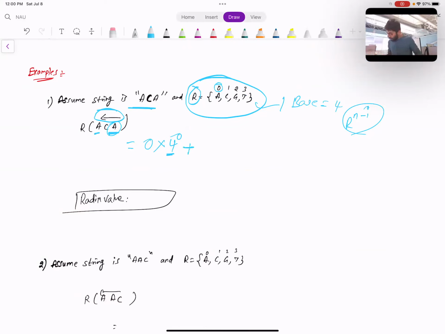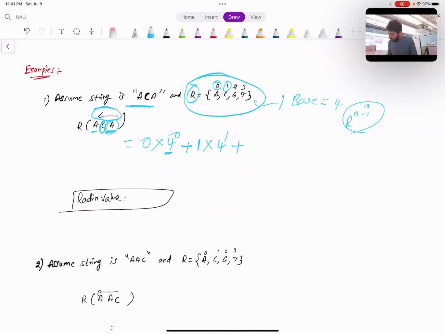So now next, what is the other character? It's C. What is the base value of C? It's 1. 1 into, now you take 4 power 1. This is how it happens. This is a simple logic. Plus, now pick the next character A. What is the base value of A? 0. 0 into, now what would be the power? 4 power 2. This is how it works. So just remember like that.